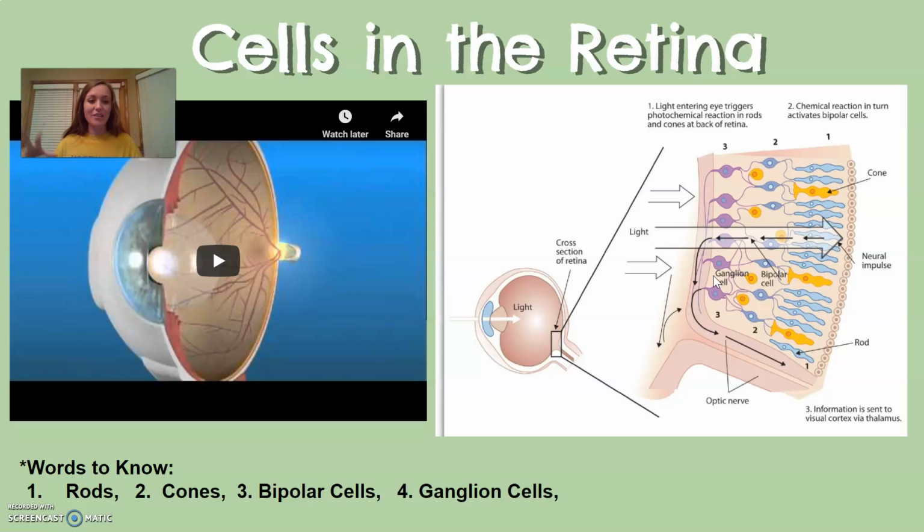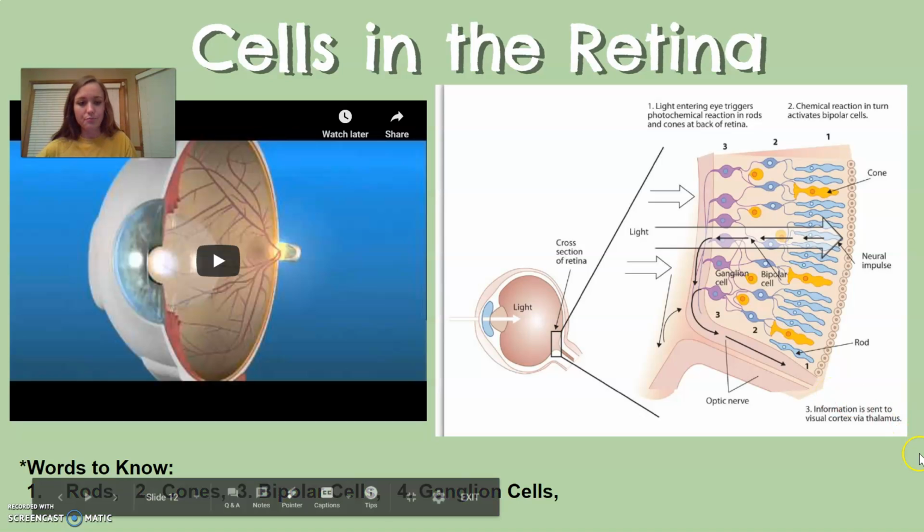So we're moving from one, rods and cones, to two, bipolar is the second stage, and three, we're moving on to the gang, which is bigger, which will then take us on to the optic nerve. So you should know the order of how the light moves through the eye. It hits the rods and cones first, is processed into a neural message, moves to the bipolar cells, ganglion cells, and then the optic nerve.